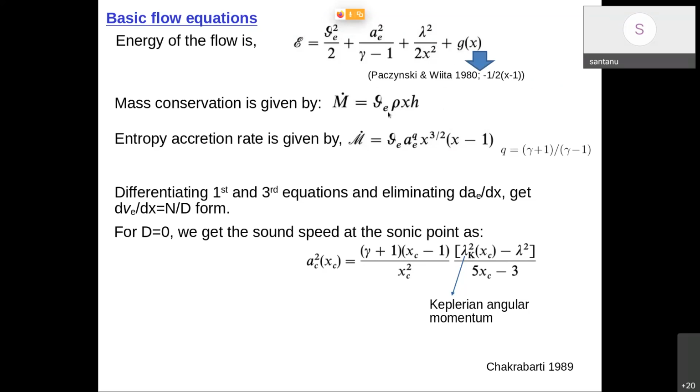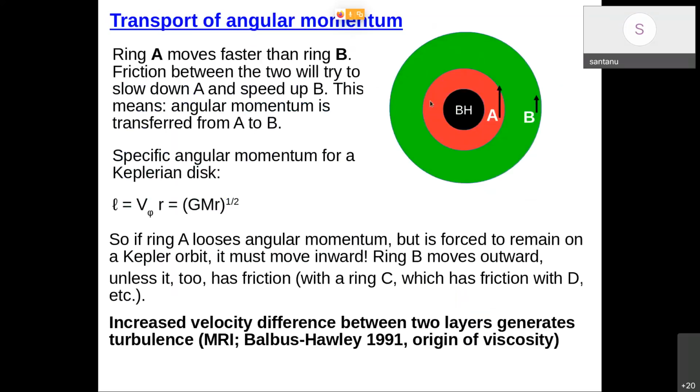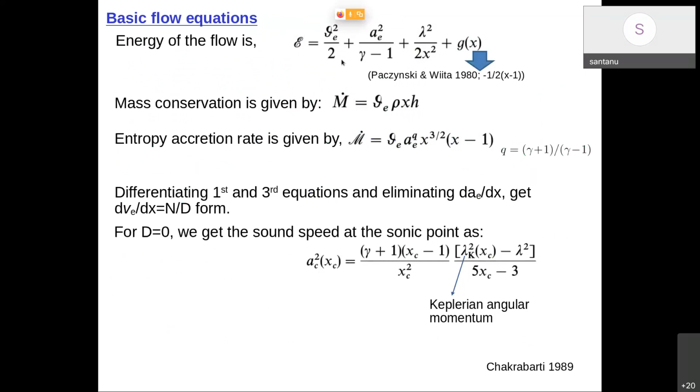Mass conservation can be written in this way, and the entropy accretion rate can be given in this way in terms of velocity, sound speed, and the radial distance. If we differentiate the first and third equations and eliminate dc/dx, which is basically the gradient of sound speed, we get dv/dx in a numerator over denominator form. Putting the denominator equal to 0, we can get the sound speed at the sonic point.